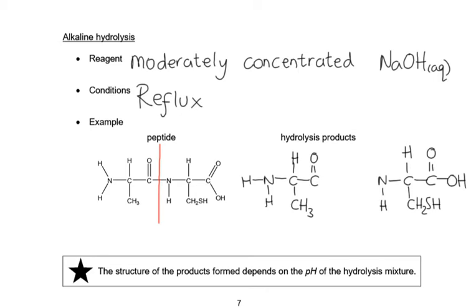Okay, so I've copied it out. I'm going to put the water back because that's what hydrolysis is. And then I'm going to consider the effect of my conditions on my products.